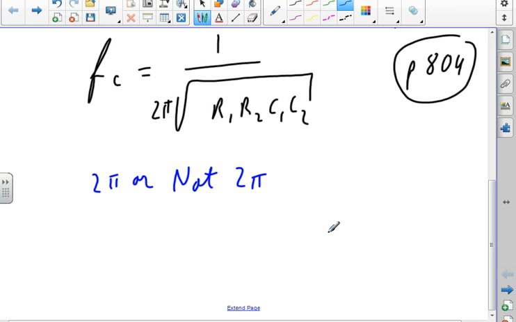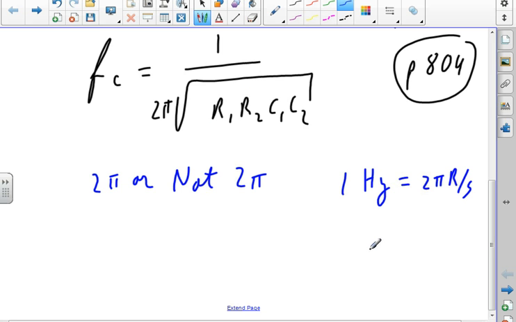The issue is the difference between hertz and radians: if I have 1 hertz, then I have 2 pi radians per second. I want my frequency in hertz, so if I divide by 2 pi, I'm converting into a hertz quantity. That's basically a conversion of units.